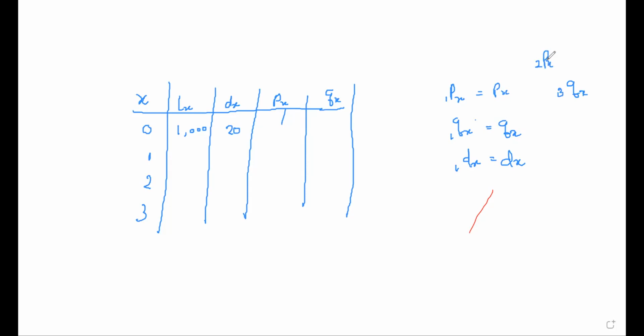What these mean is, px is the number of people currently age x who survive one more year. qx represents those who are currently age x who die within the next 1 year. Then 2px is for people who are currently age x who survive 2 more years. That's what 2px represents.